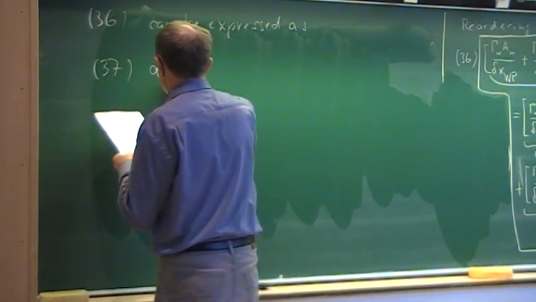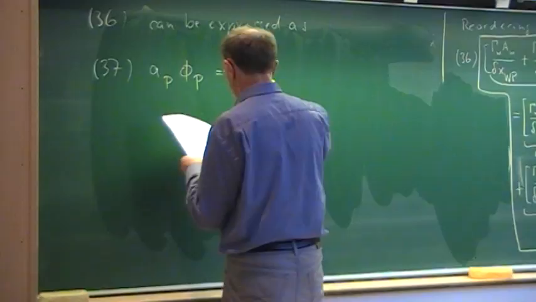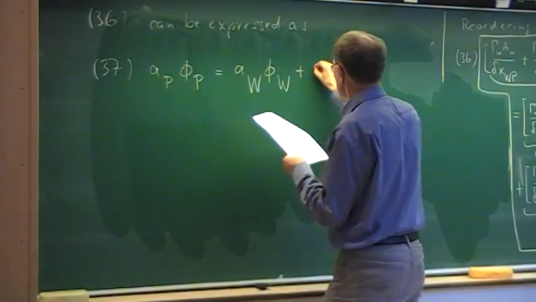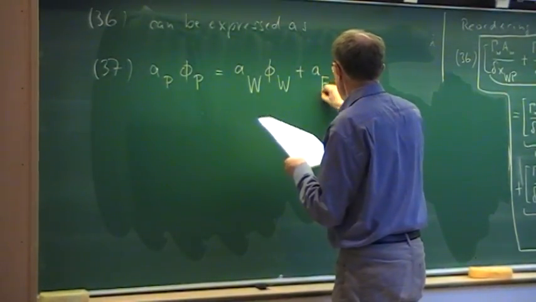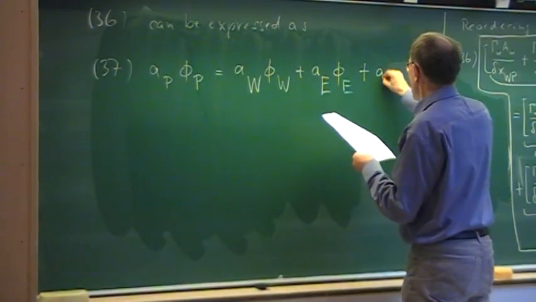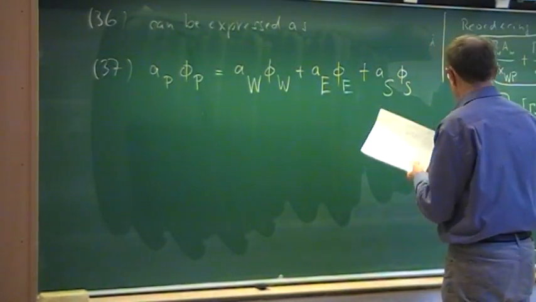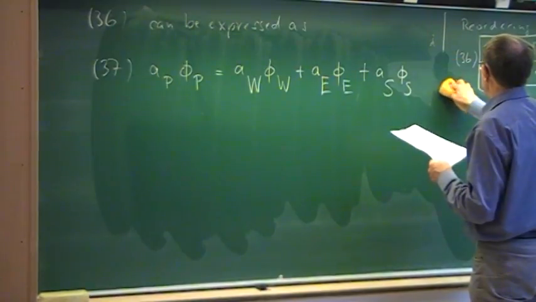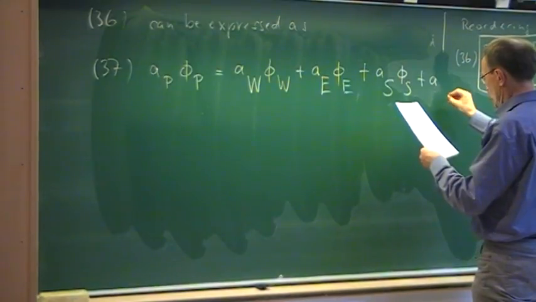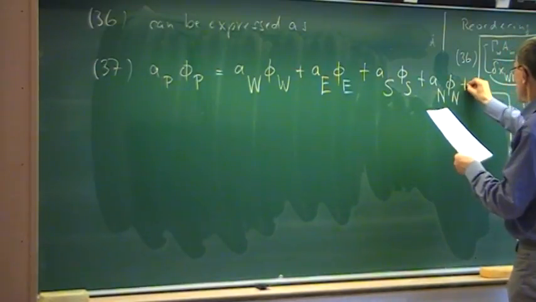We have AP times phi p is equal to A capital W phi capital W plus A E phi E plus A south phi south and then plus A north phi north plus the SU.